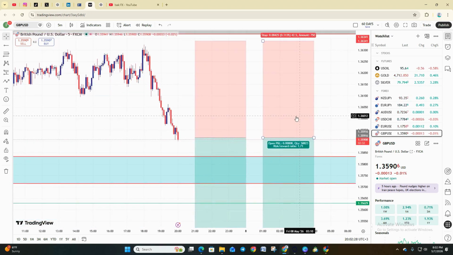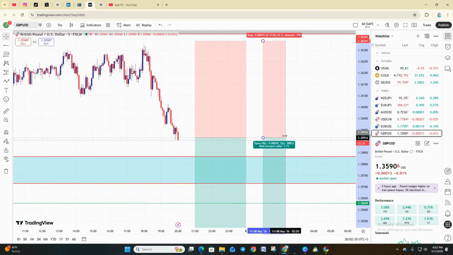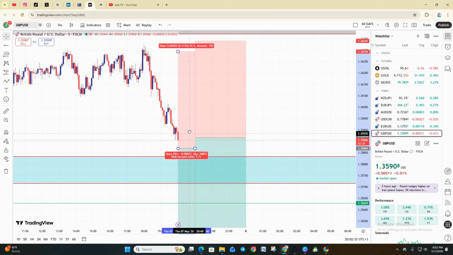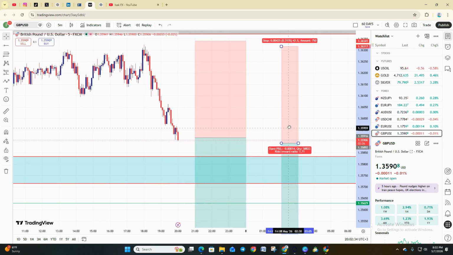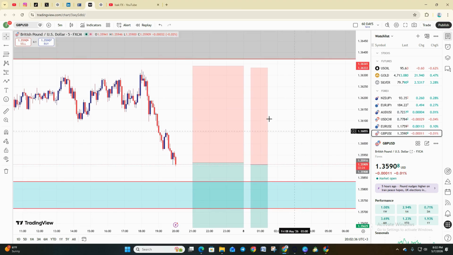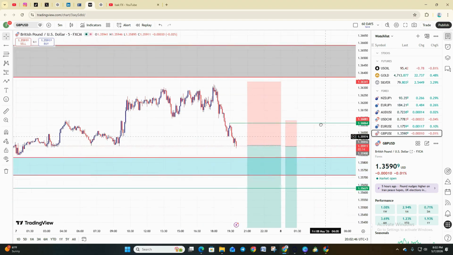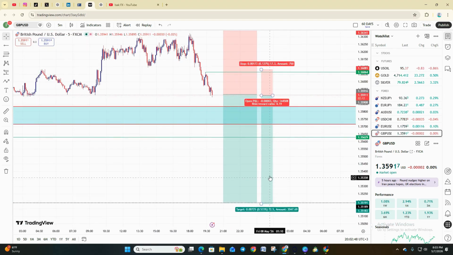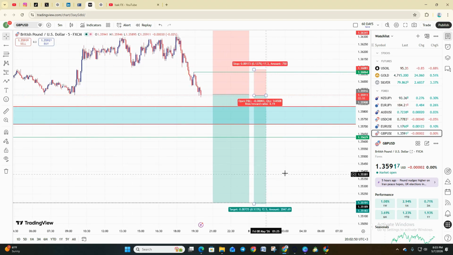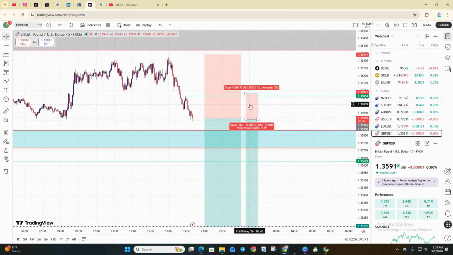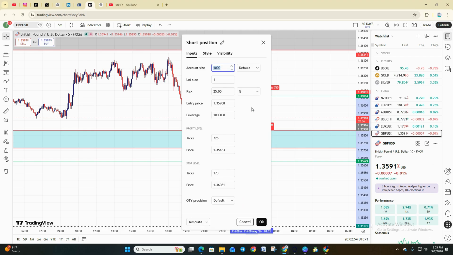So this is the 5-minute time frame. I'll put my stop loss just above this high, so I'll bring my stop loss to this level and I'll target the same area of take profits.